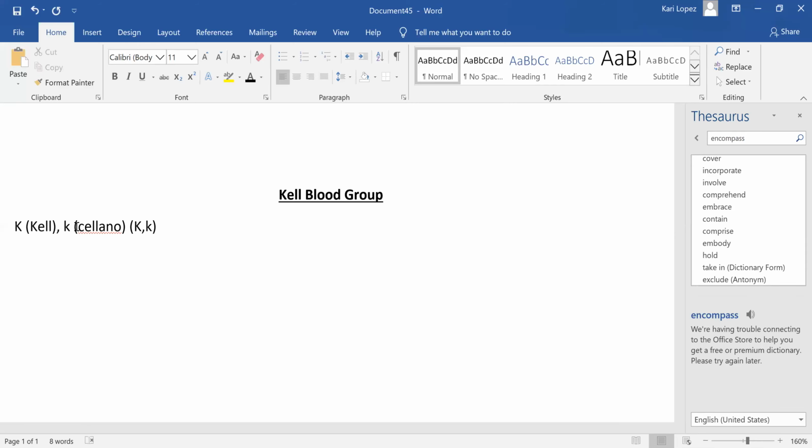Now less than 9% of the population are positive for Kell, and greater than 90% of the population are positive for Cellano.